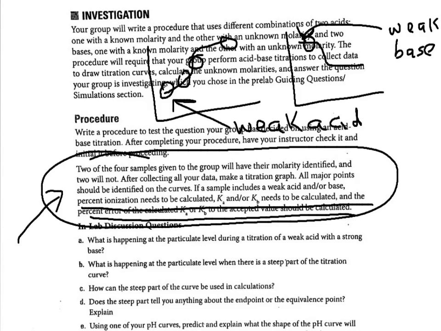The way to figure out your Ka or your Kb, and figuring out your percent ionization, you're just going to basically set it up. So let's say, for example, you used acetic acid, C2H3O2, which I think they list in the lab as CH3COOH, which is basically the same thing.